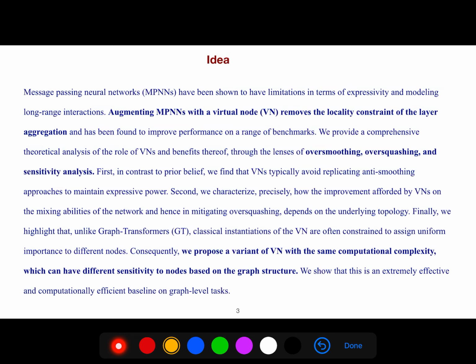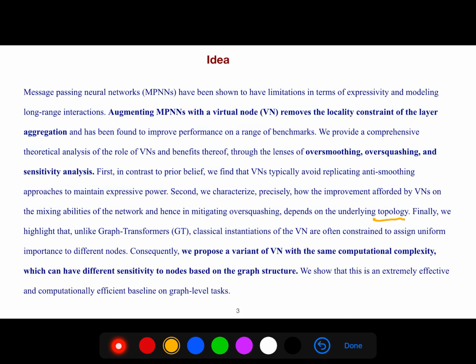Second, we characterize precisely how the improvement afforded by virtual nodes on the mixing abilities of the network, and hence in mitigating oversquashing, depends on the underlying topology.